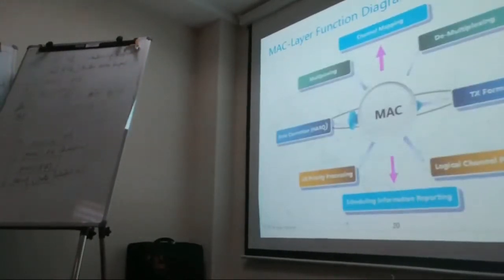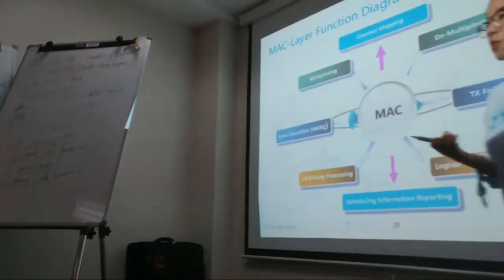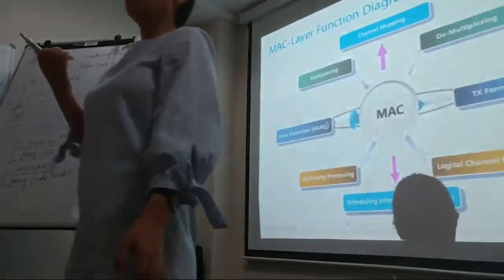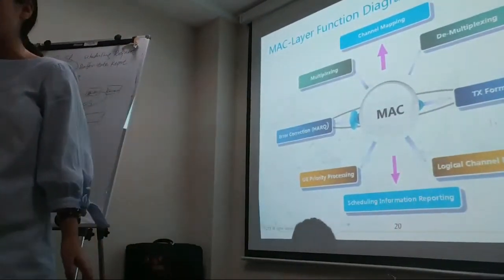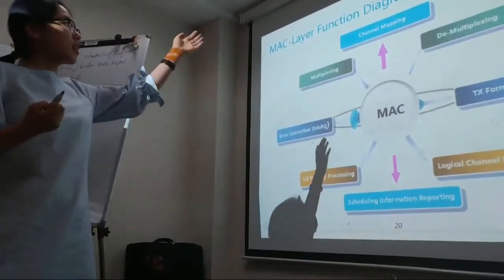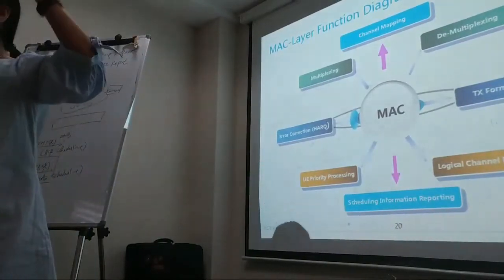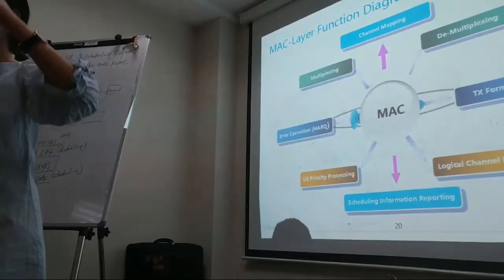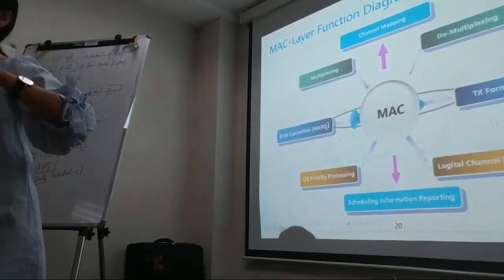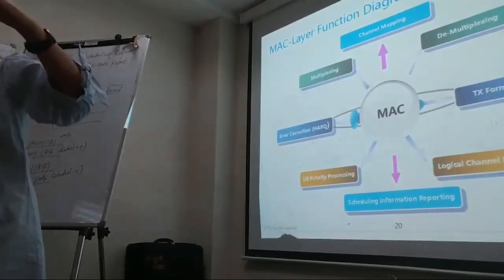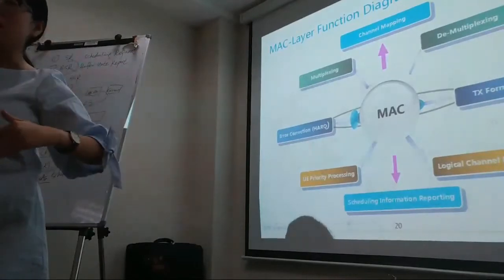So now we analyze how many functions the MAC layer can realize. First is the channel mapping, right? From the higher layer to the lower layer, it should map to the right channels. For the PCCH, it should map to the PCH, like this.